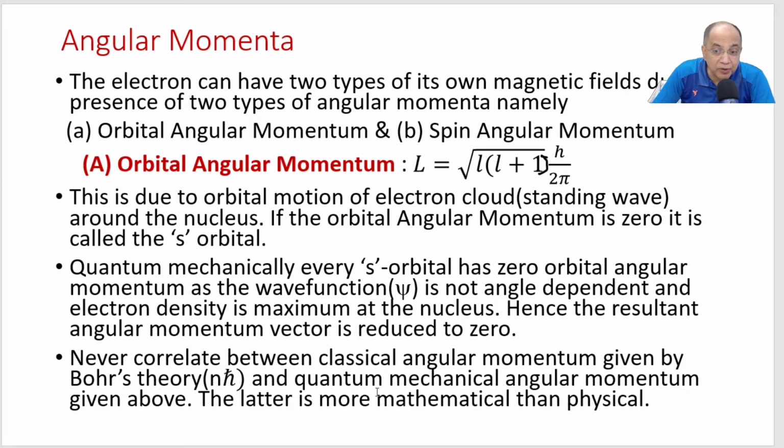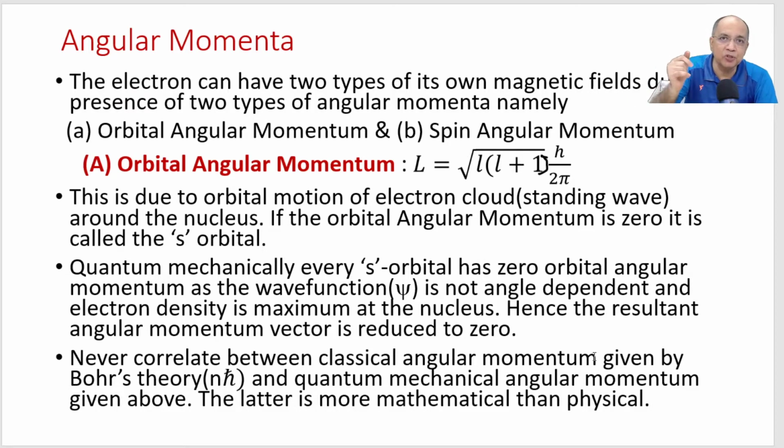Never correlate the classical angular momentum given by Bohr's theory, that is simply nh by 2 pi or n h cross, with this, L into L plus 1 root over h by 2 pi. So don't correlate between the two. While Bohr's is used for calculation of energy, this is used for the calculation of magnetic dipole moment. So this has more mathematical meaning than physical, right?